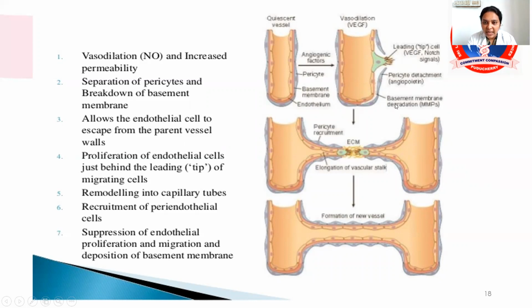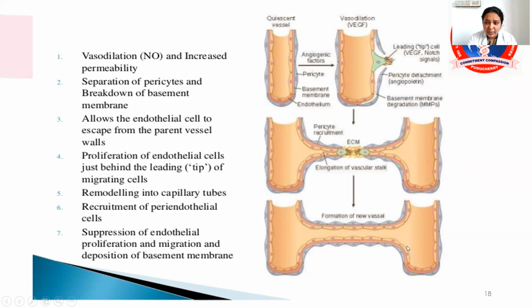Once the basement membrane has been degraded, there will be elongation of the vascular stalk, by means of endothelial cells proliferating along the leading tip of the migrating cells. Then further there will be remodeling of the capillary tubes. Once there is remodeling of the capillary tubes, then the pericytes will be deposited, followed by basement membrane deposition.